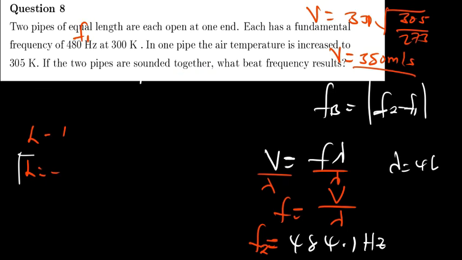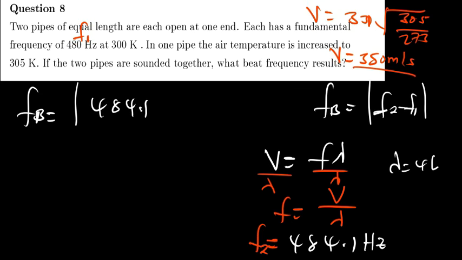Now that I have frequency 1 and frequency 2, I can find the beat frequency. The beat frequency is given by the absolute value of F2, 484.1, minus F1, 480.